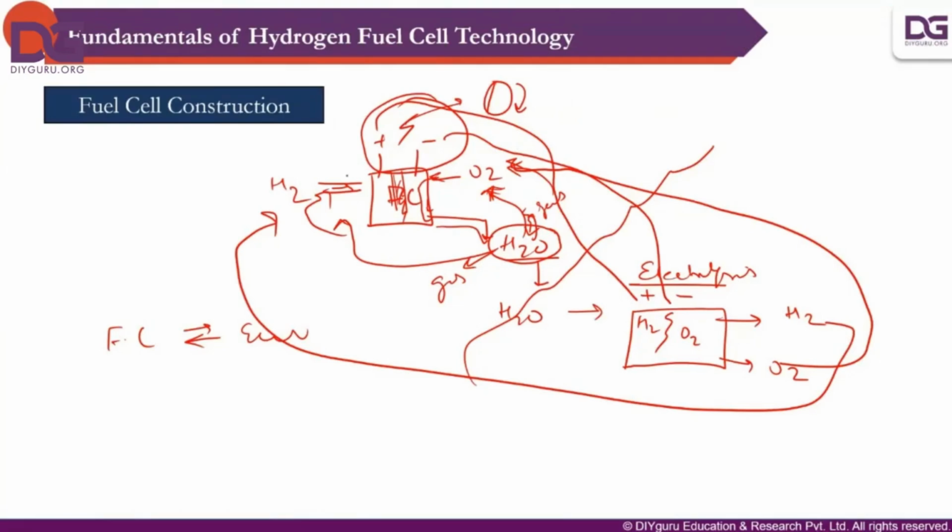But suppose, even in an isolated system, we keep doing this, from hydrogen and oxygen reaction to H2O, then again H2O to hydrogen and oxygen, and again to water. It will not be an endless process. It will stop sometime because there are slight losses in the operations during the process.